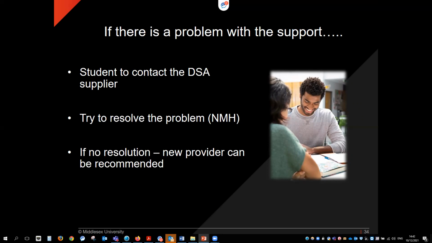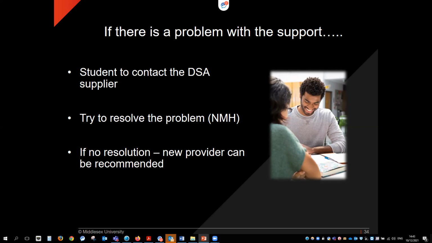If there's a problem with a tutor, let's say the study skills tutor, or maybe a mentor, or maybe with a taxi, they need to contact again the supplier and try to resolve the problem. We've had students whose taxis haven't been arriving on time, so we tell them just contact the taxi company and talk to them first before you make a complaint, because each company will have a complaints process.